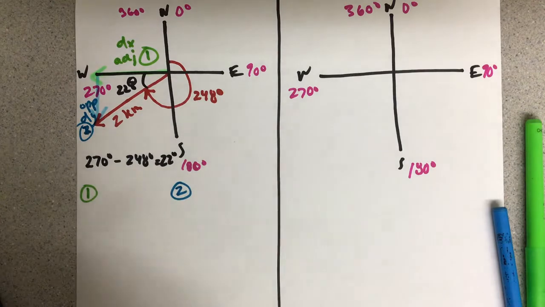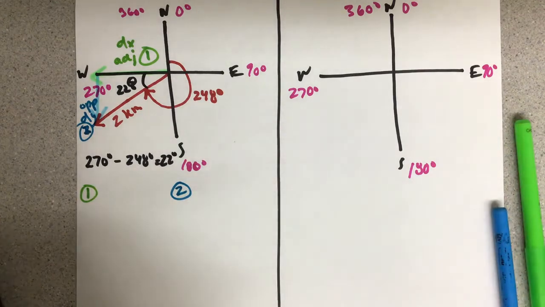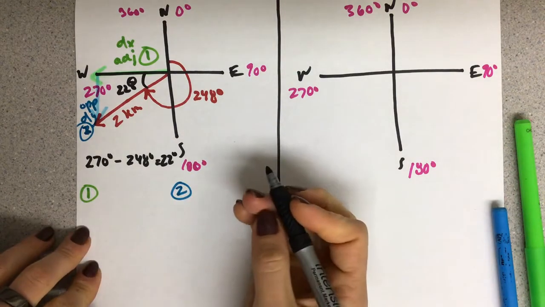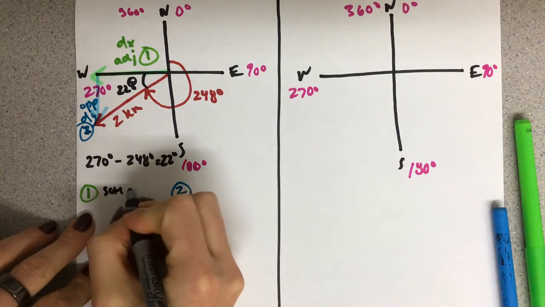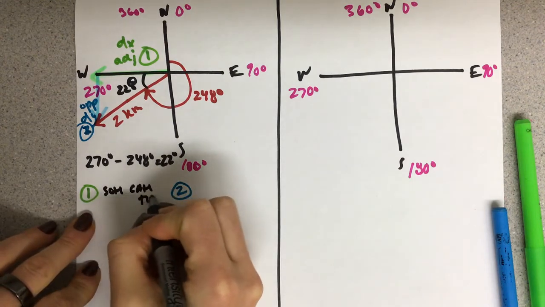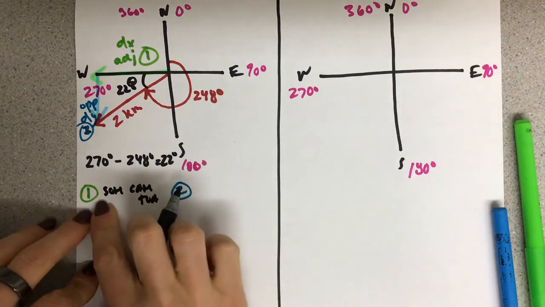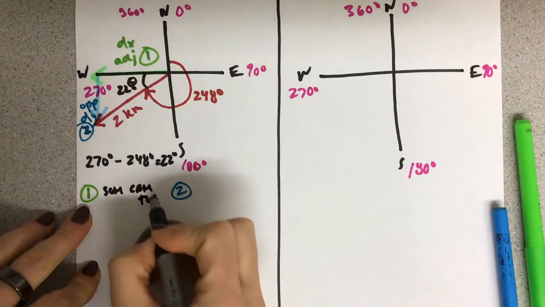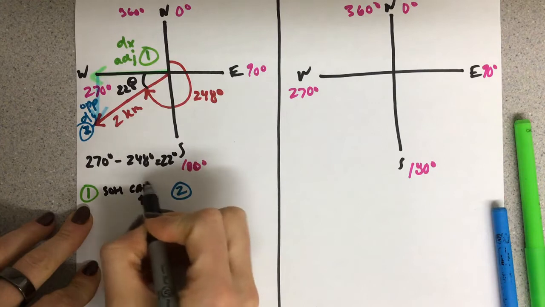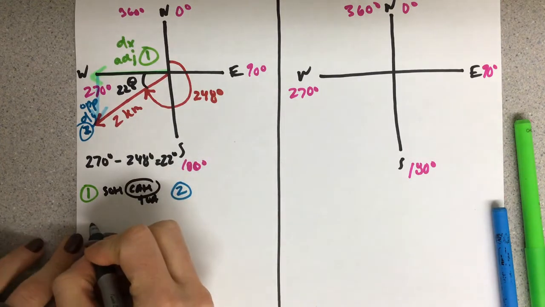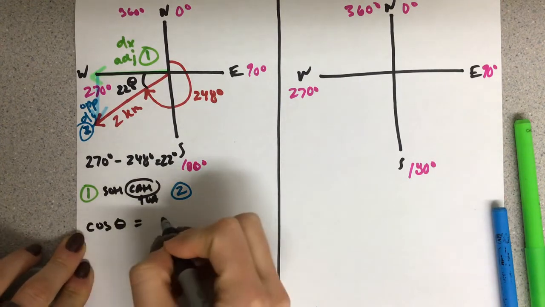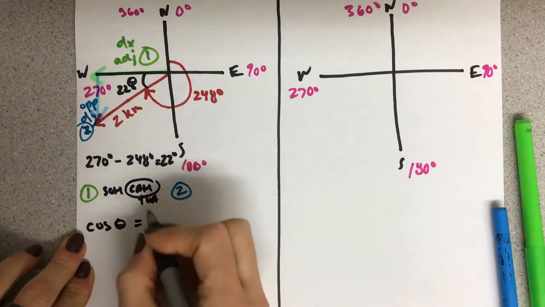Okay, so here we go. I always start off with SOHCAHTOA. For my green side, that is the adjacent side, and my hypotenuse, so I'm going to use cosine. The cosine of theta equals adjacent over hypotenuse.